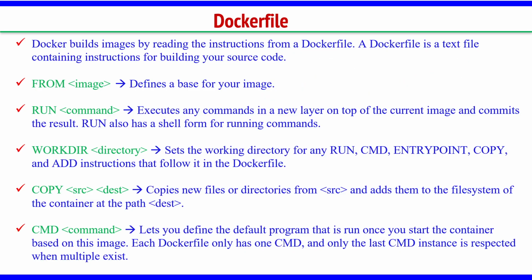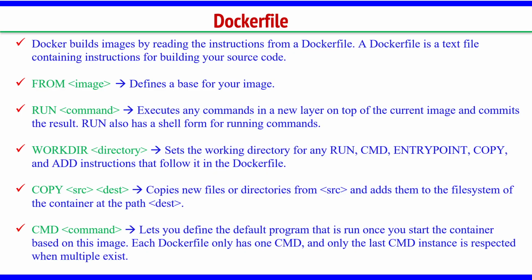Same way here, if I have a .java program and do a build, it will create an image for me. The Dockerfile contains all the instructions required to convert or build an image from your source code. That source code is packed using the Dockerfile.